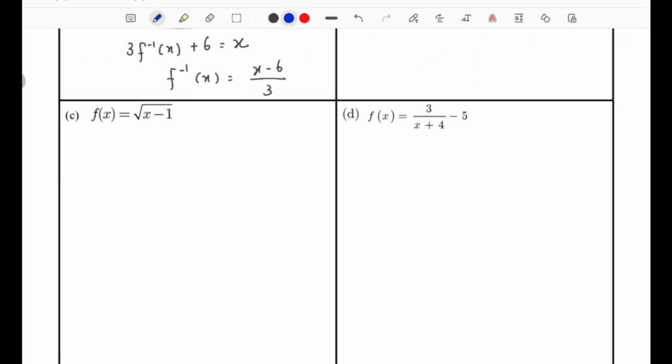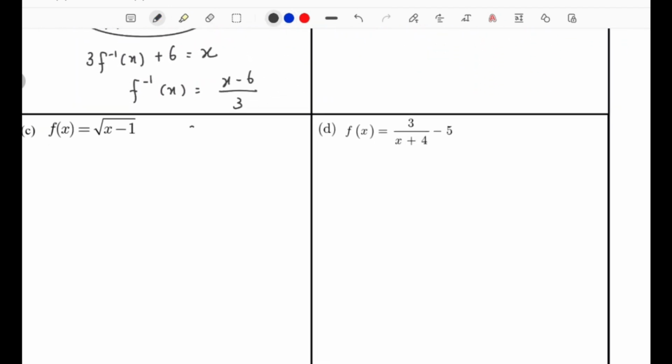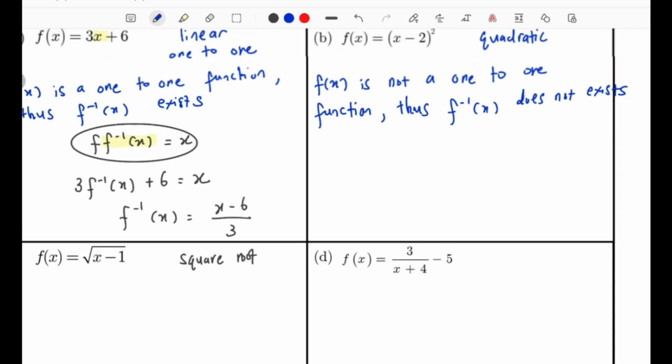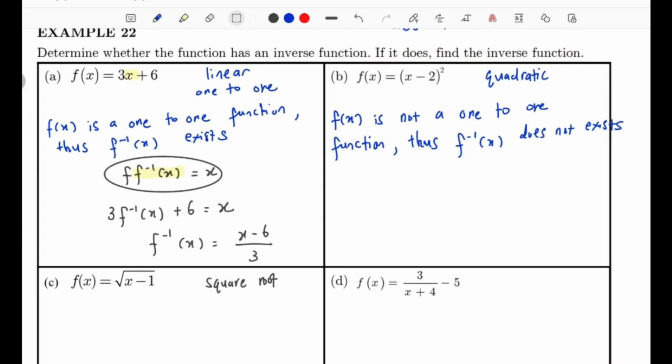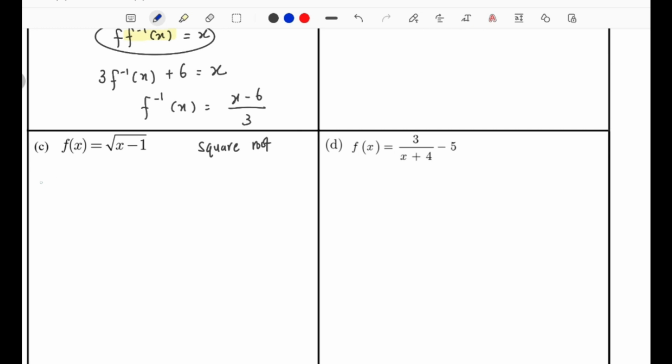Thus, f inverse does not exist. C, f(x) equals square root of x minus 1. This is a square root function. A square root function is a one-to-one function. Thus, f inverse exists.